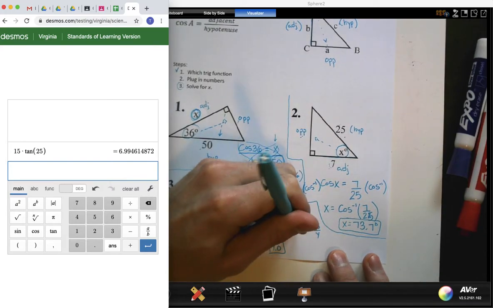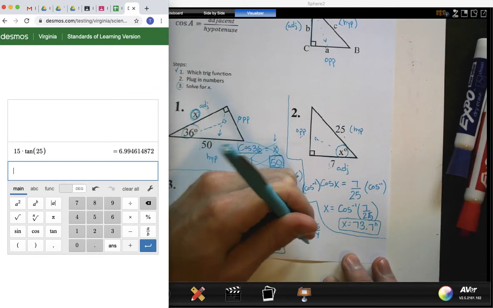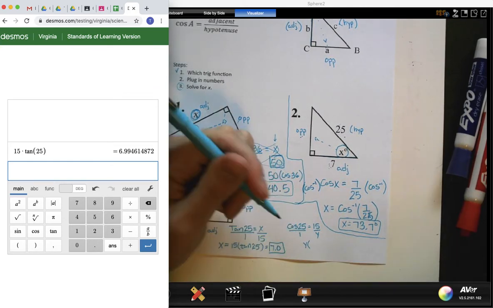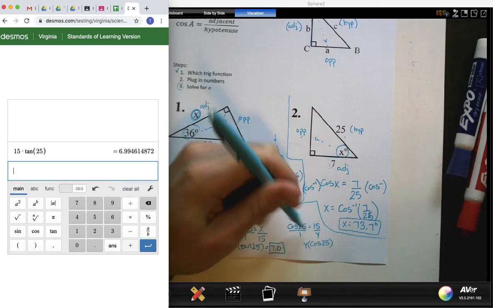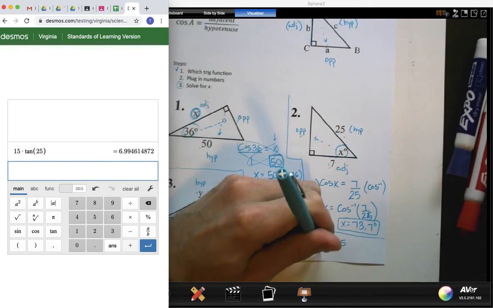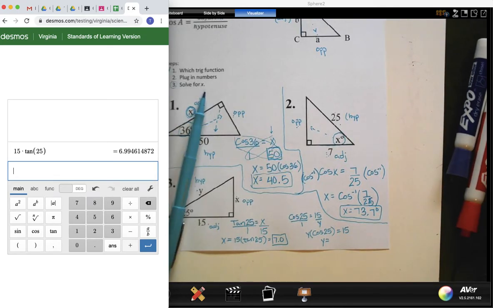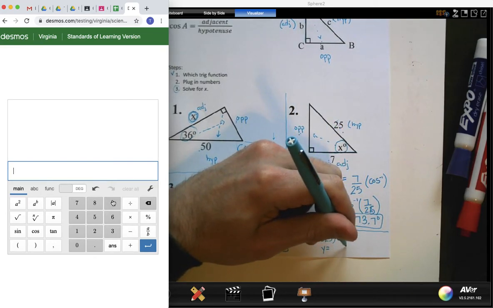Let's put this over 1 and let's cross multiply. So I'm going to say y times cosine 25, because I cross multiplied those two, is equal to 15. So what is y going to be equal to? Well, let's go over to our calculator again. To get y by itself, sorry, I should have mentioned this, we want to divide both sides by cosine 25.